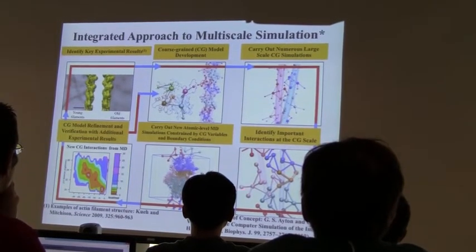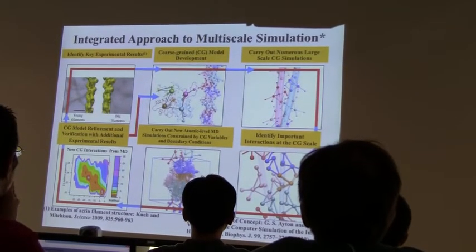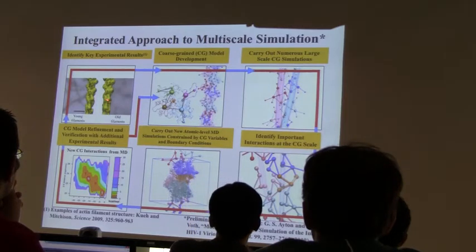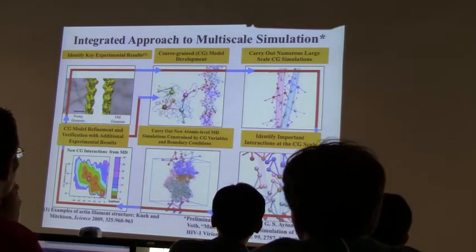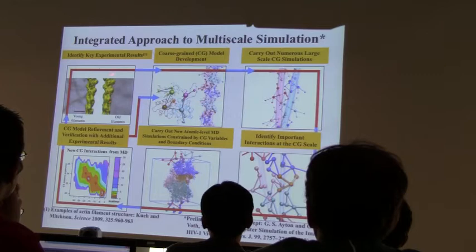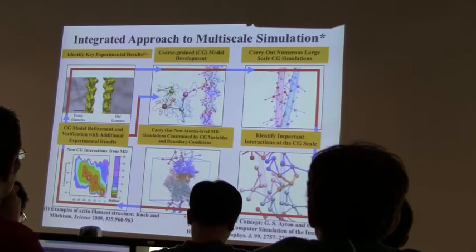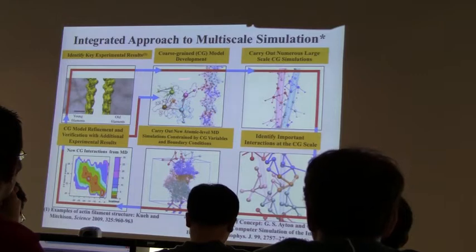So this is really a flowchart of intellectual effort of really integrated methods. We always start with taking whatever experiments we can possibly get our hands on. Okay, and the more the better, really. And these happen to be some electron microscopy images of 2 actin filaments. One is older, it's aged, and one is newer. Then we develop these coarse-grained models, and I'll talk a lot about this.